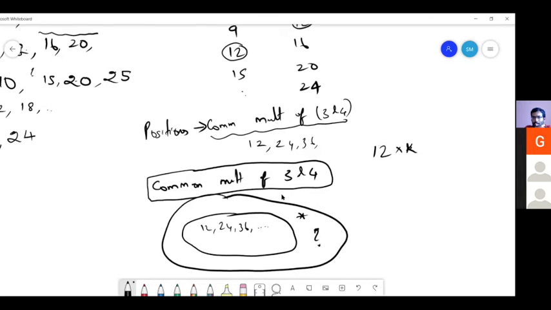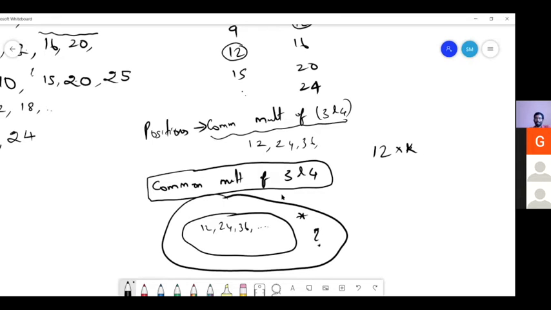The numbers which are common multiples of 3 and 4 will have 3 and 4 figuring in them, so if you look at the prime factorization, it has to have a 2 squared and a 3 in it, and that will automatically give us 12.